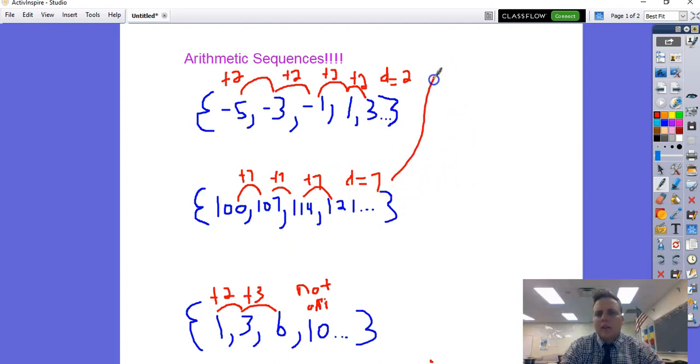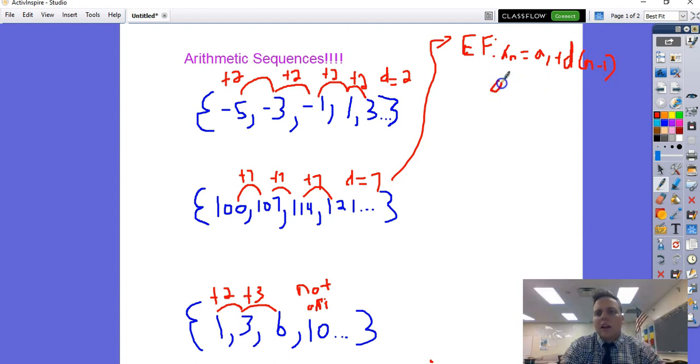Alright, so the explicit formula. Alright, the explicit formula is a sub n is equal to a sub 1, so that means our first term, plus the common difference, d represents the common difference, times n minus 1.